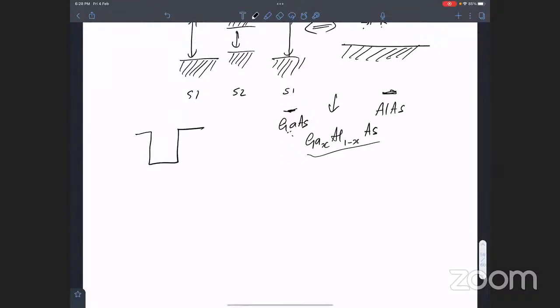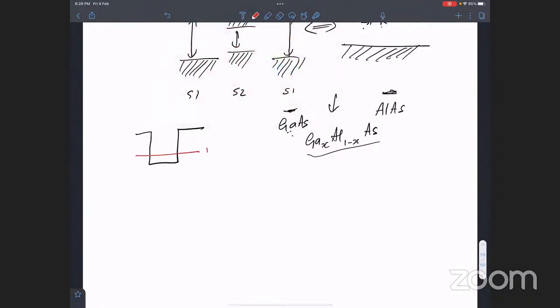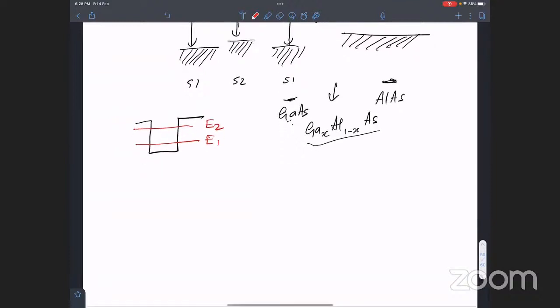That's because if I control the width of the well, everything, I can precisely control values of E1 and E2. I can control where E1 is. I can control where E2 is. If I control E1 and E2, I can also control E2 minus E1, right?